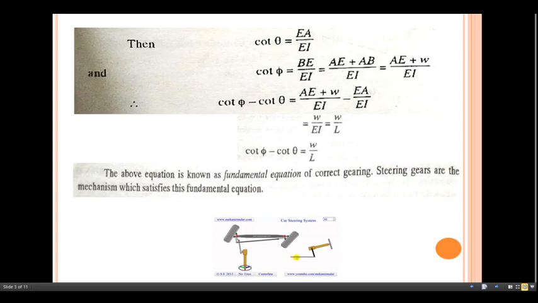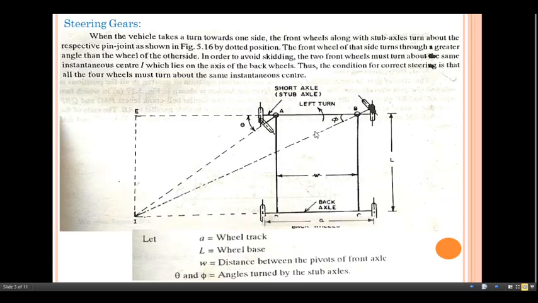Here EA and AE get cancelled. So what about the remaining one? W divided by EI. And what about this EI? EI is nothing but L.